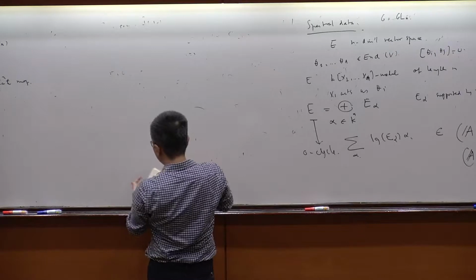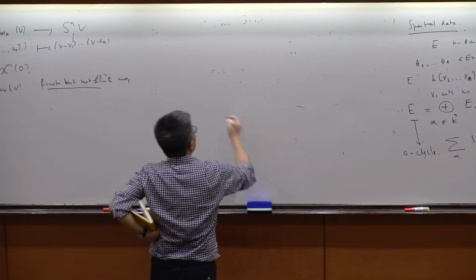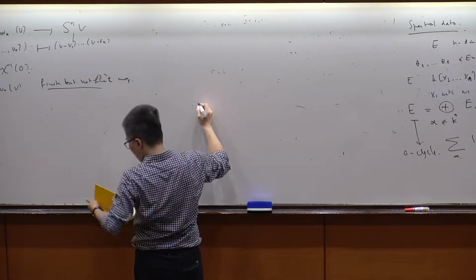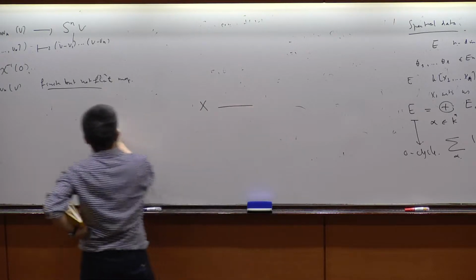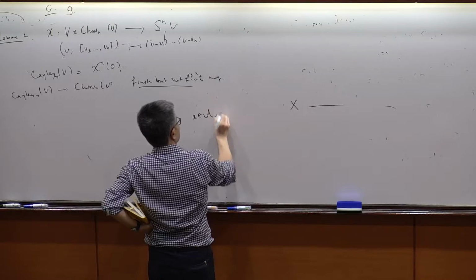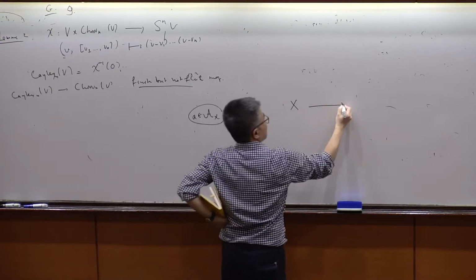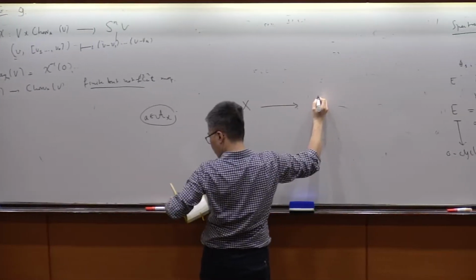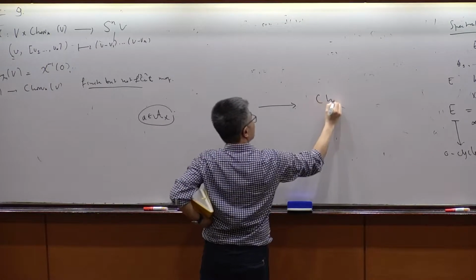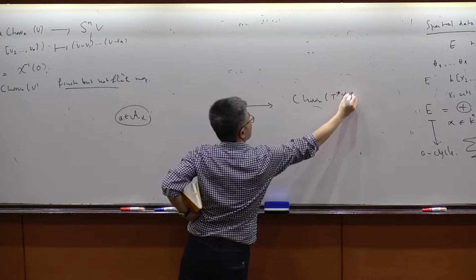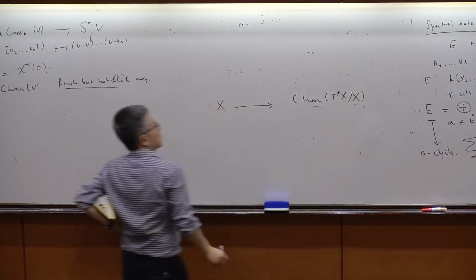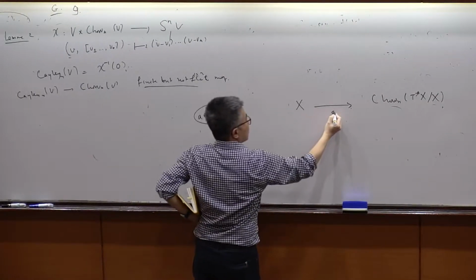So now when you have a map from X, so A in A of X, to this relative Chow scheme for tangents, X over X. So this is A, right?